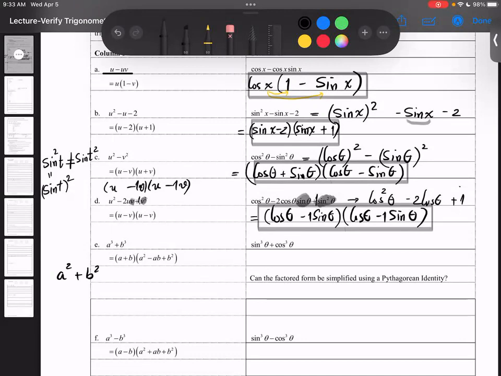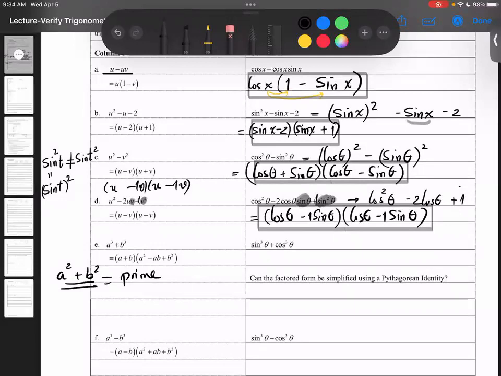Can I factor it? Is it equal to this? I hope nobody's saying this. No, right? Because this is a plus b times a plus b, and if you FOIL it, you get 3 terms, a trinomial, where I only need a binomial here. So it's prime. It's not factorable, then it's prime. Do you remember that?